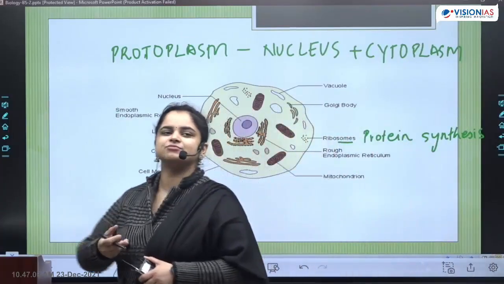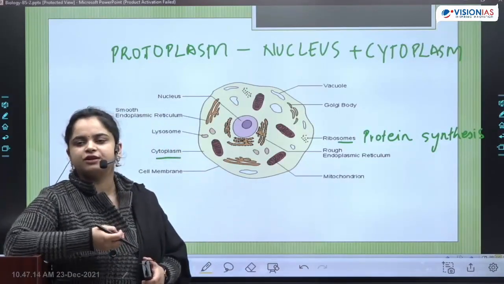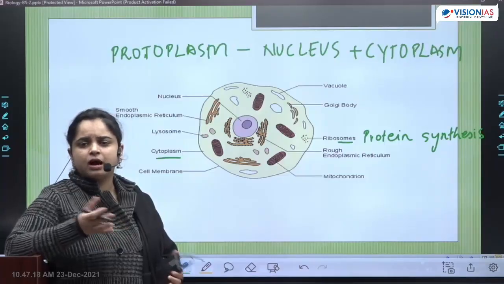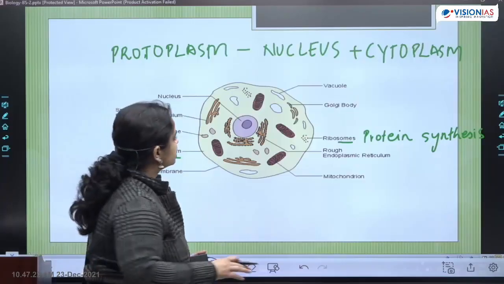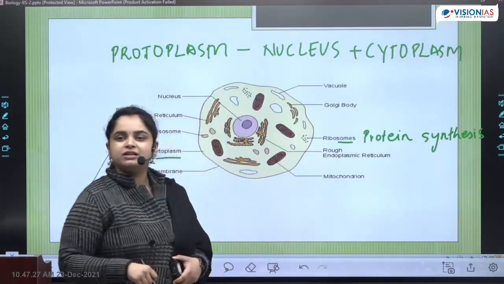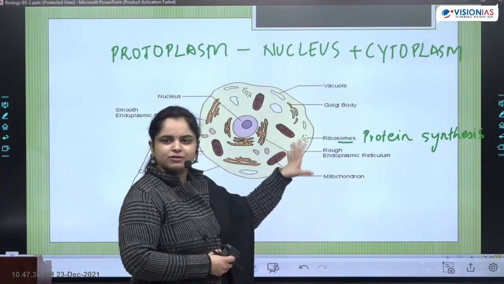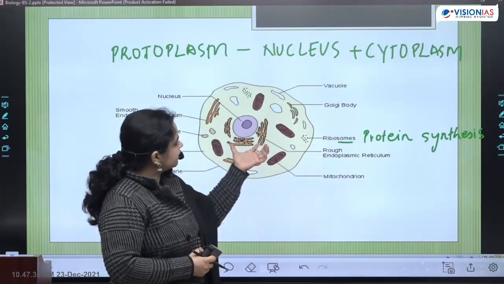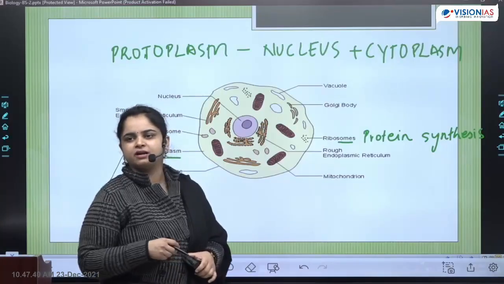So organisms need to make their own proteins, and we'll study the significance of this protein production, why it is needed, later on when we go to genetics also. But this is happening at the ribosomes. Now these ribosomes can be present here in the cytoplasm on their own, or there are organelles called endoplasmic reticulum where they can be attached.